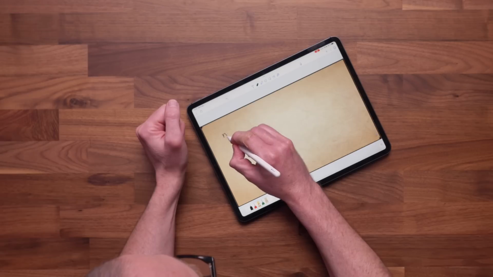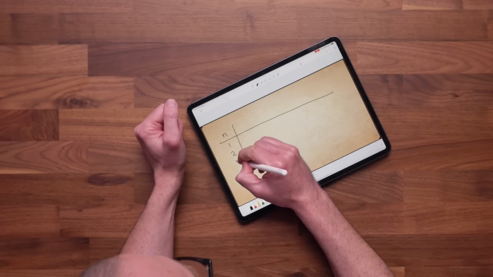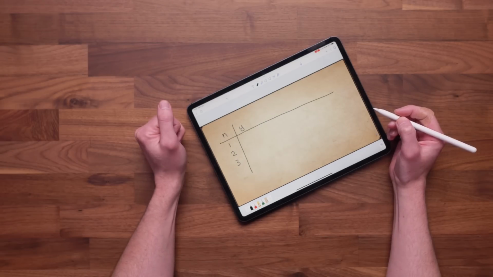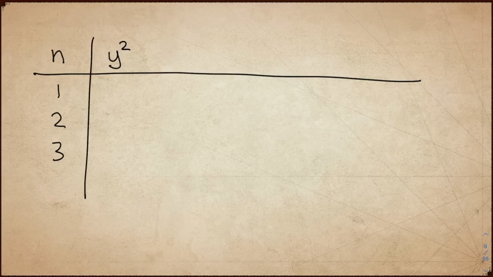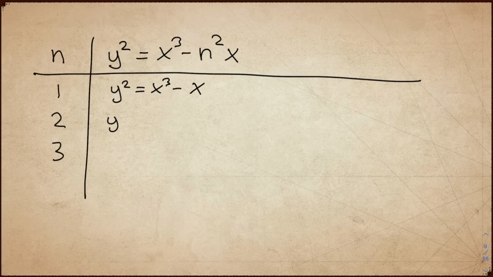I can write down the family of equations y squared equals x cubed minus n squared times x. So for n equals 1, it's y squared equals x cubed minus x. For n equals 2, it's y squared equals x cubed minus 4x.